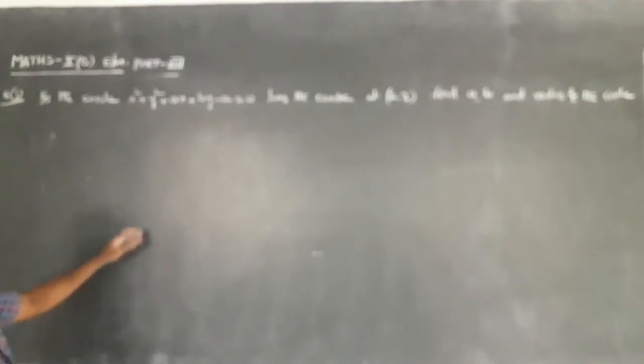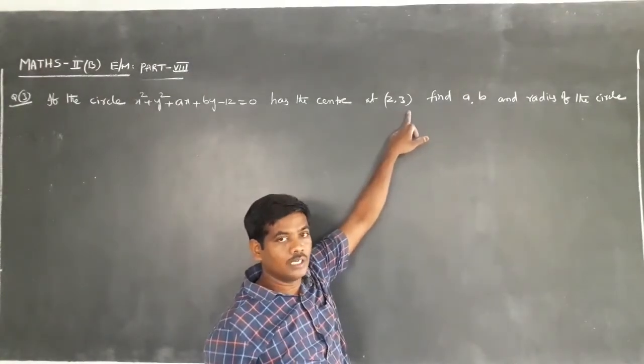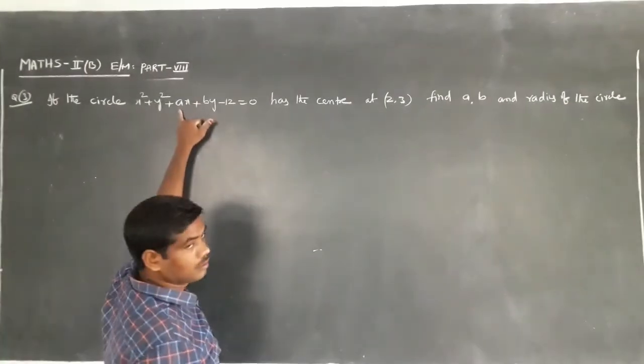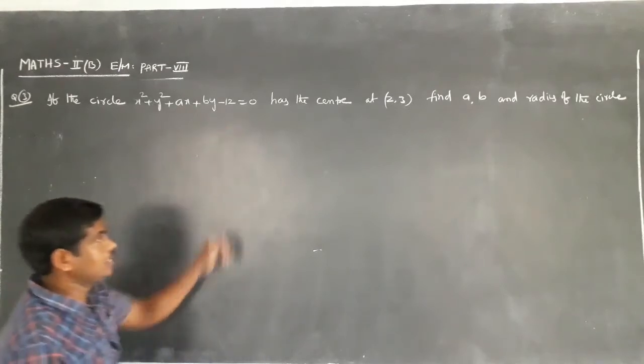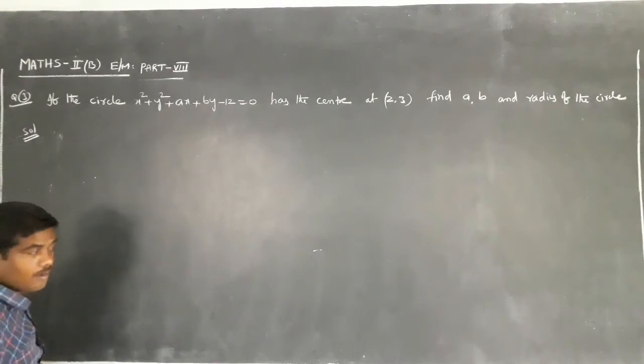Here it is given that the center of the circle is at 2 comma 3. Find out the small a, small b values.